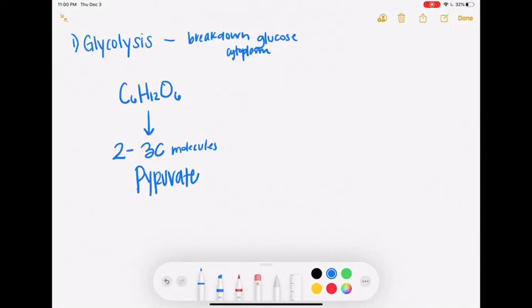And when we break this molecule down, we break that bond, we release energy. There's 2 net ATP produced. When we break that bond, we also release electrons. And those electrons get picked up by NAD plus to form NADH, which takes the electrons to the electron transport chain.